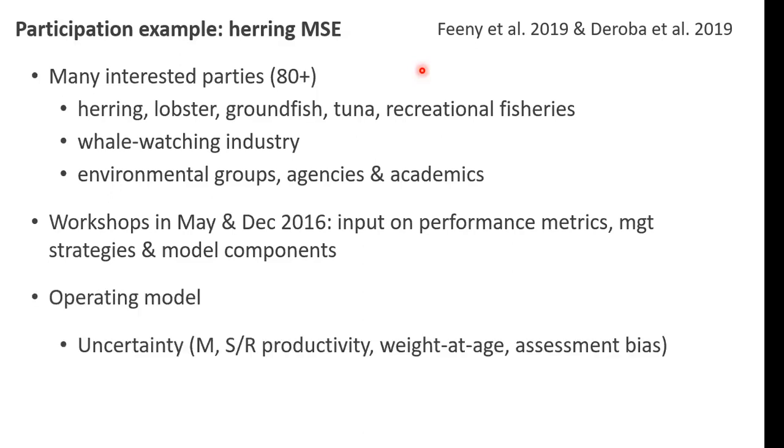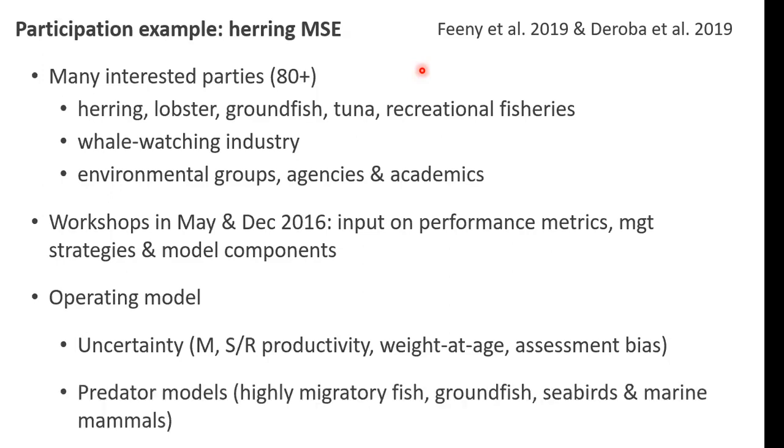Their operating model undoubtedly included other types of uncertainty, but they were looking specifically at uncertainty in natural mortality, which is M here, uncertainty in productivity of stock and recruitment, uncertainty in weight at age, and also bias in the assessment model.